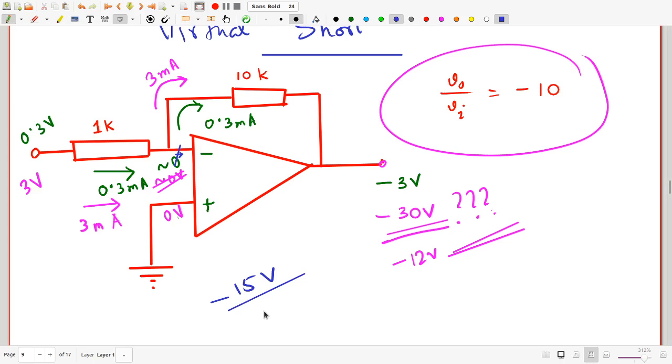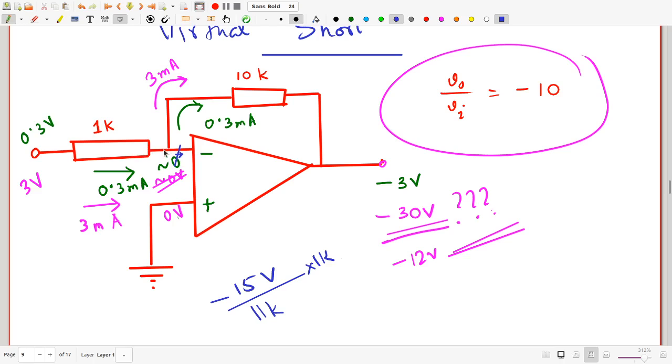So you get minus 15 volts divided by the total resistance 11 kilo ohm, standard simple series division formula, and that times 1K. Okay, 15 volts by 11K is the drop across the entire combination. That times 1K is the drop across the 1K resistor, so 15 by 11 volts.